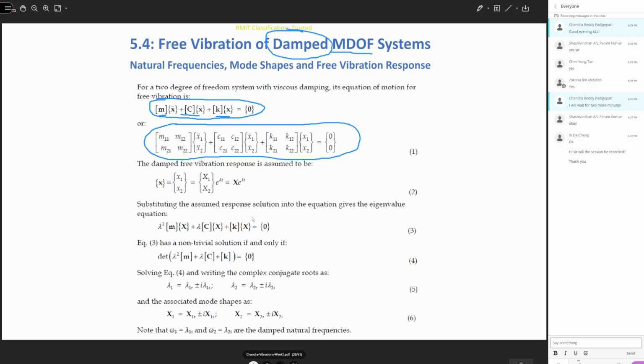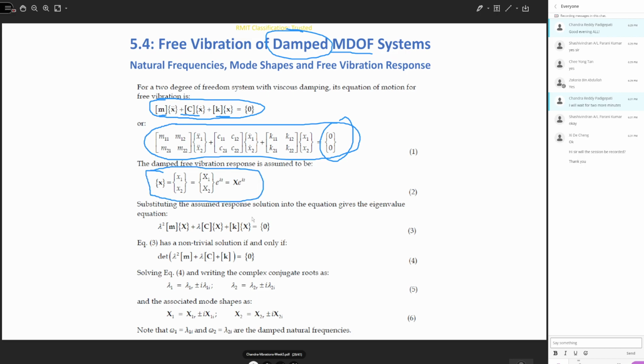You have a zero matrix because there is no external force. The derivation of these equations, you can follow either Newton's method or Lagrange's equation. Now to solve this, we go with the response just like the single degree freedom system with the damper.